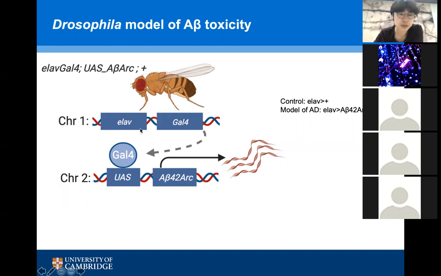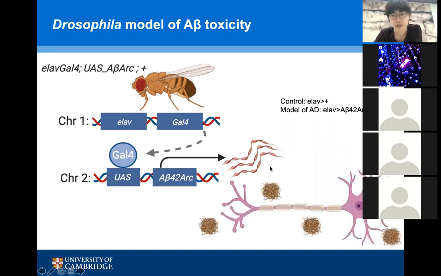In simple words, the GAL4 protein is expressed under the control of a specific driver, such as elav. And elav expresses this GAL4 protein panneuronally, so mostly in neurons. Then this GAL4 protein will go on and activate the human form of the amyloid beta gene. And this leads to the accumulation of toxic amyloid beta outside of neurons. So this is the model that I'm working with.